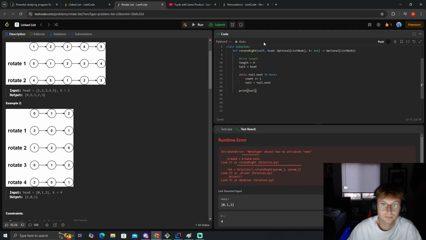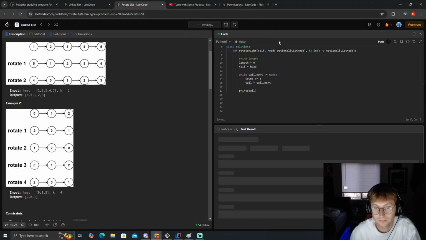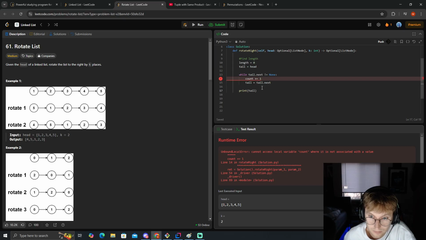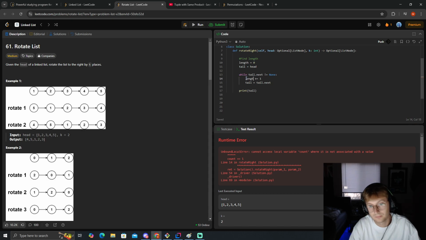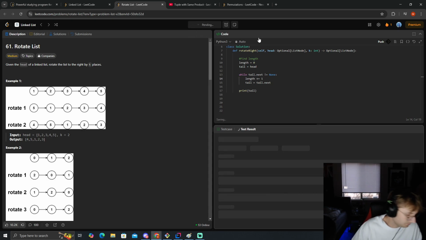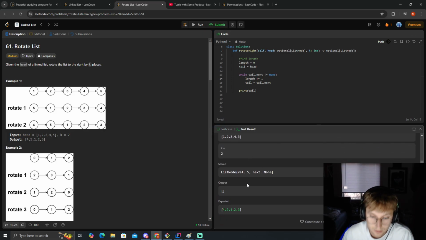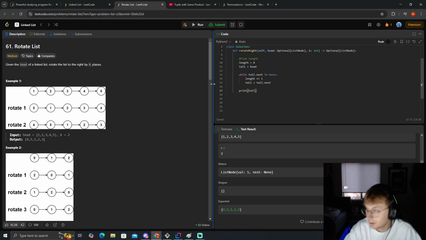Here's our tail. Okay, good. He did that. Now next one, step 2 is to optimize K.